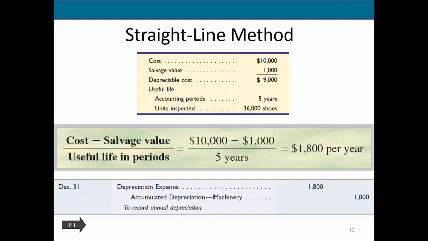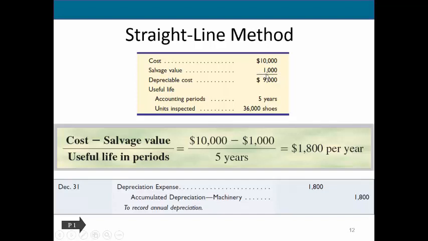The basic idea here is we're going to take our cost minus any salvage value and divide that by the useful life. So here, $10,000 minus $1,000 divided by 5 years. The reason we take out this $1,000 is because, remember, at the end of its life, we're not going to fully depreciate this because there will be a little bit of value left over at the end.